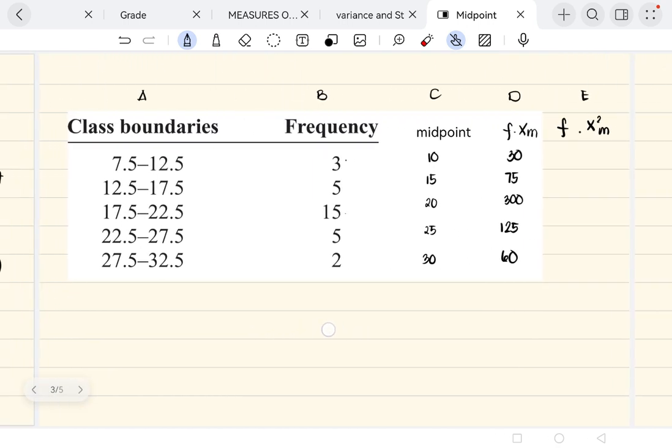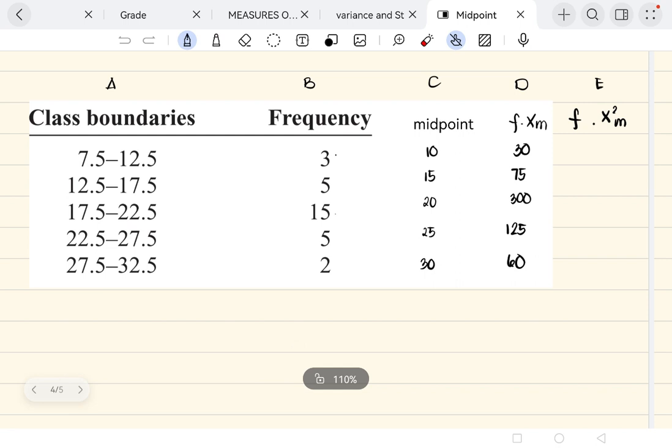Next, for our column E, we will find our frequency times the x squared m. So our column C times our column D equals our column E. So that is 10 times 30, that is 300. Next is 15 times 75, that is 1,125.